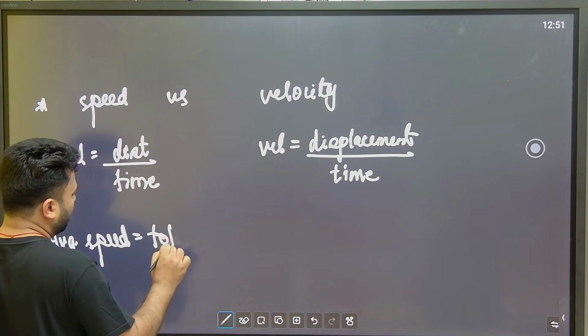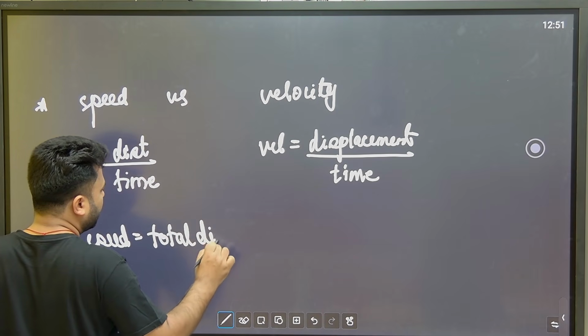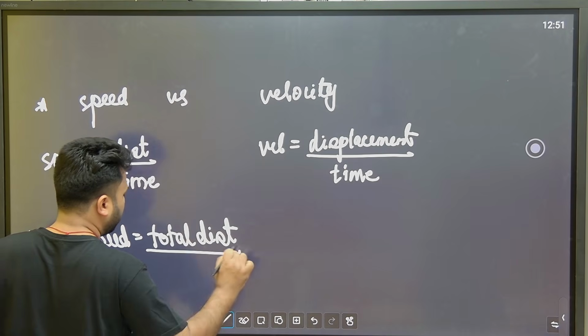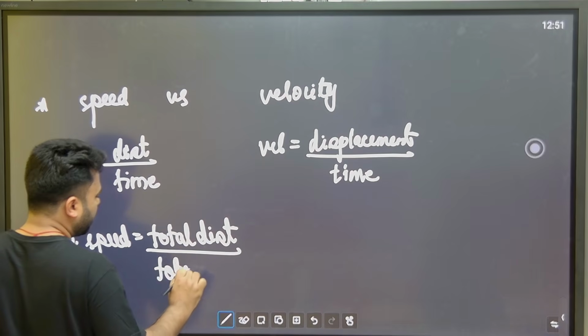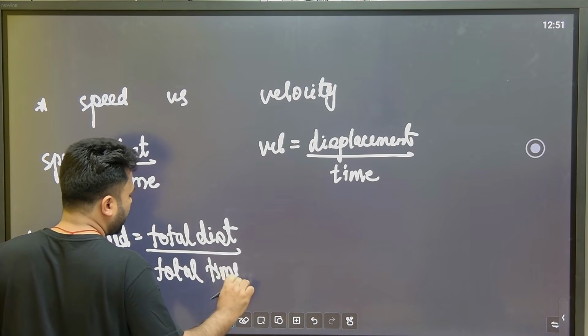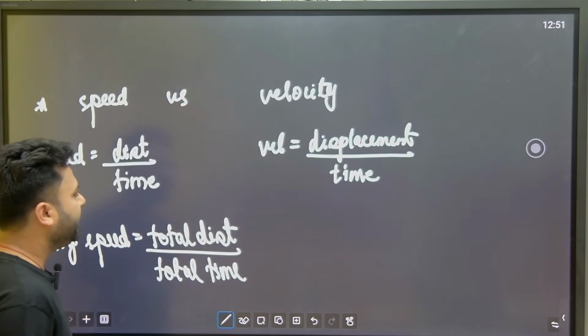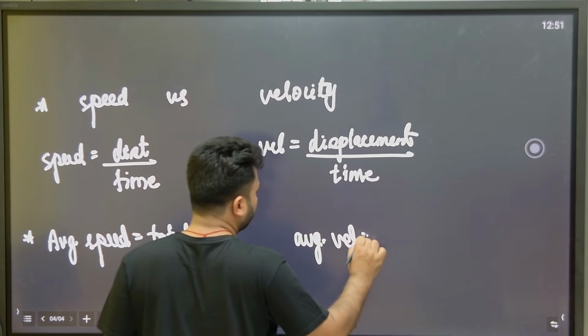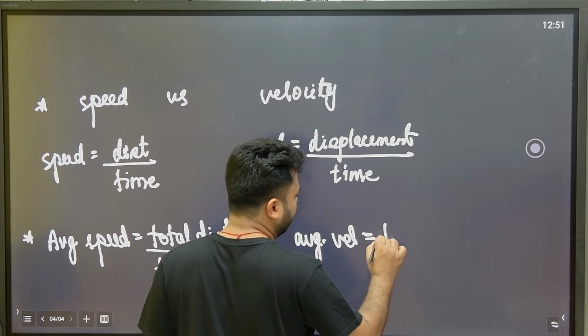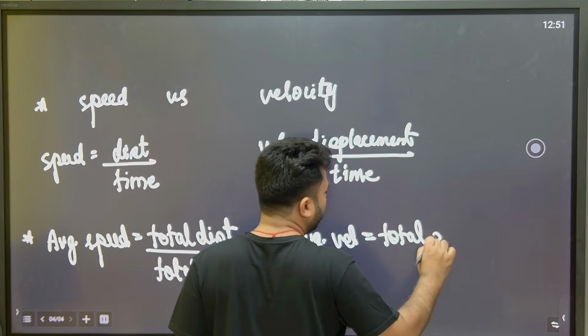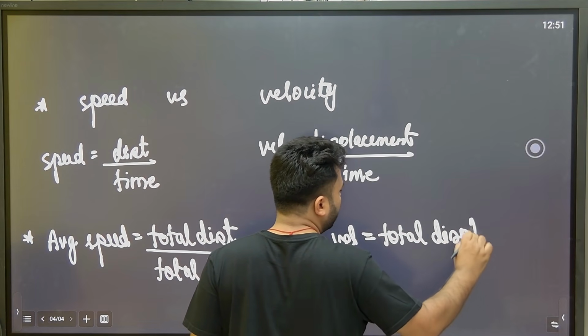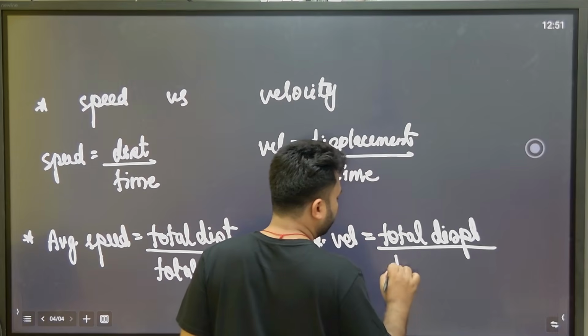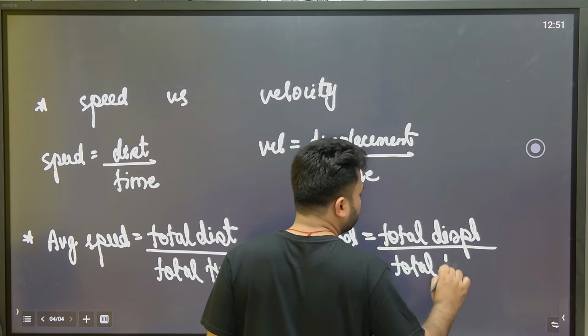So here you write total distance by total time. Similarly, here if they ask average velocity, it will be total displacement by total time.